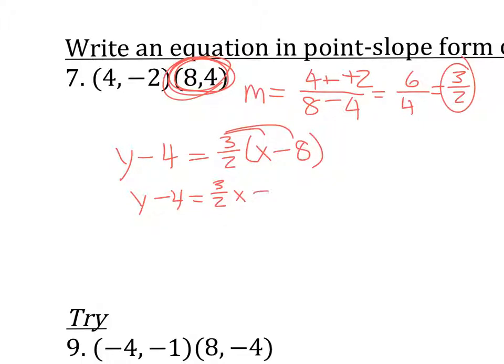Positive times a negative is a negative. 3 times 8 on top is 24. 24 divided by 2 on bottom is 12. Okay, and then last step to get y by itself is add 4. And we end up with y equals 3 over 2x minus 8.